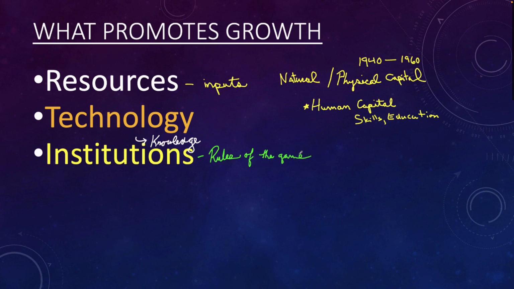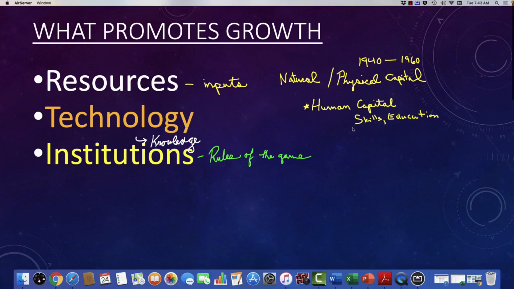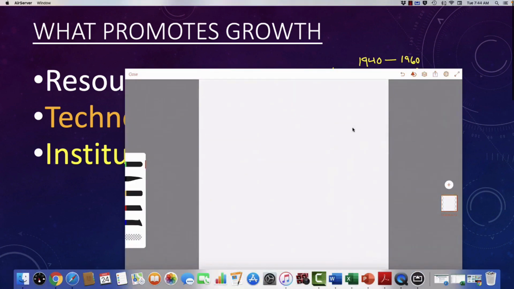When we're talking about the rules of the game, we're talking about not just the economic rules of the game, but also the political and social rules of the game, the things that cause our economy to prosper, but also to work well together.